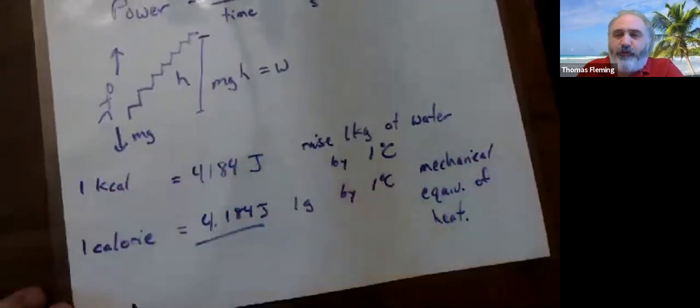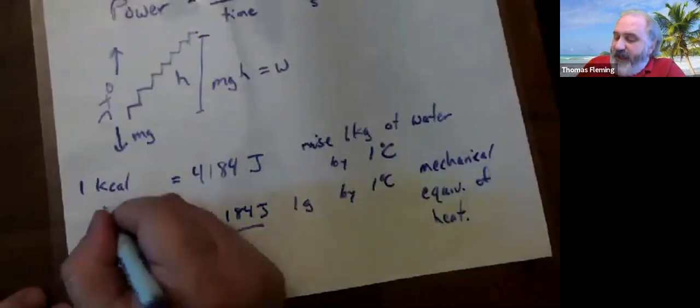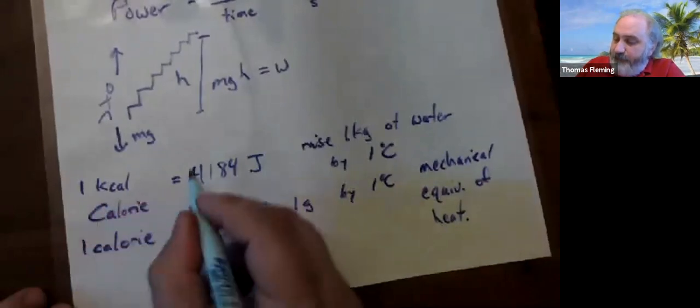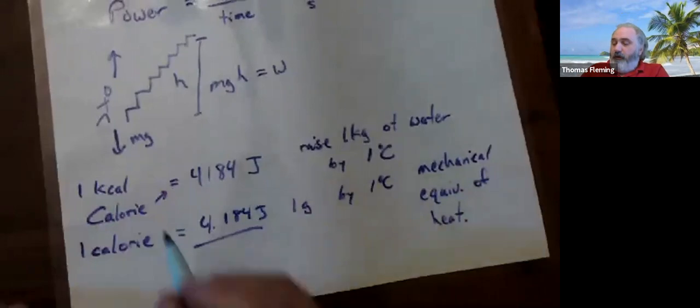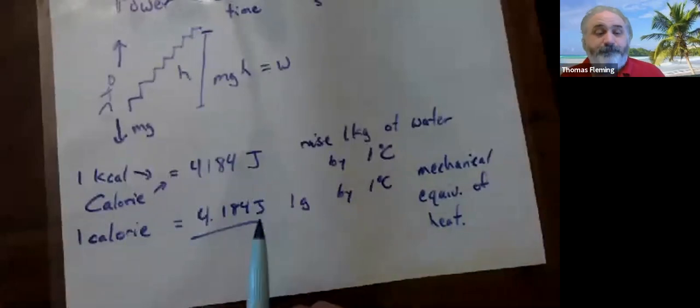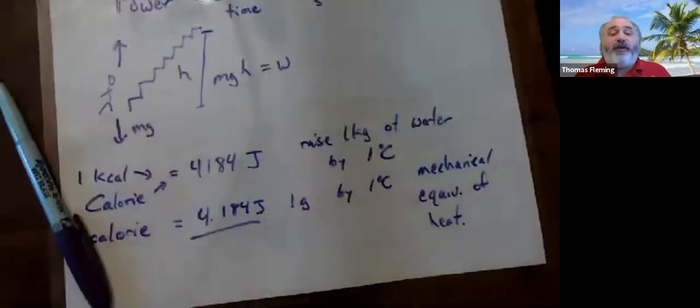However, because nutritionists are annoying, rather than just call it a kilocalorie like a normal person would, they call it a capital C calorie. So a capital C calorie and a kilo lowercase c calorie are the same thing. But each of those are a unit of energy.